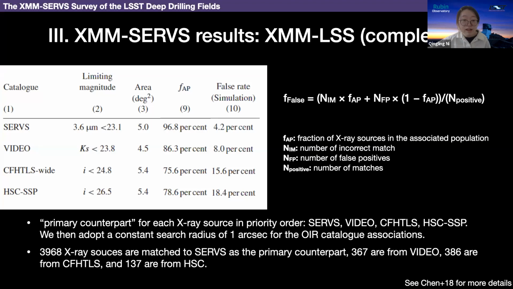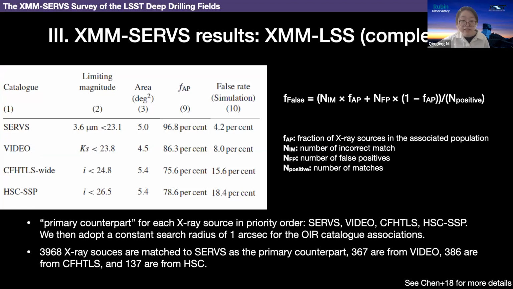The result is that we found that the SERVS catalog has the smallest false matching rate among all the catalogs, and the optical catalogs have a relatively high false matching rate. So when matching X-ray sources to multi-wavelength counterparts, we select a primary counterpart following the priority order: SERVS, VIDEO, and then optical catalogs.